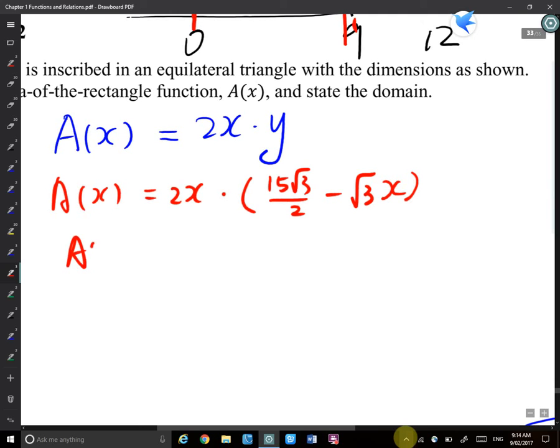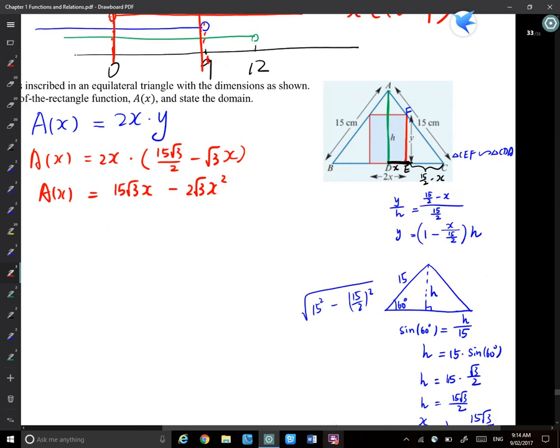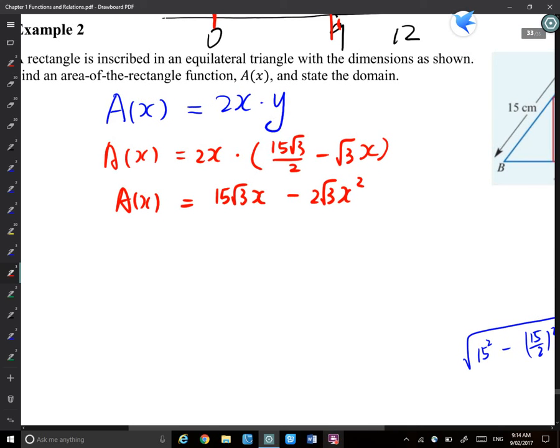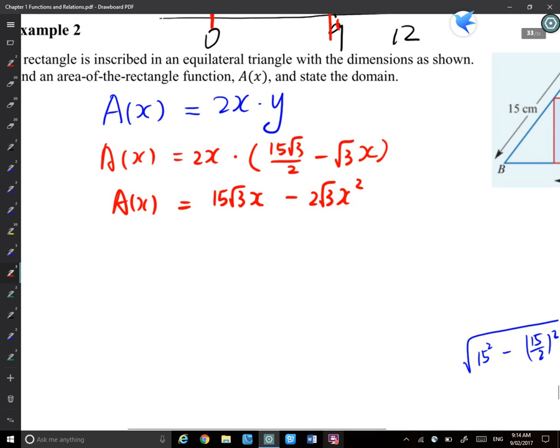If I open the bracket, the 2 and 2 just cancel, and we have 15 root 3x minus 2 root 3x squared. Okay, we have that. If you do all the calculations right, you will have this answer.